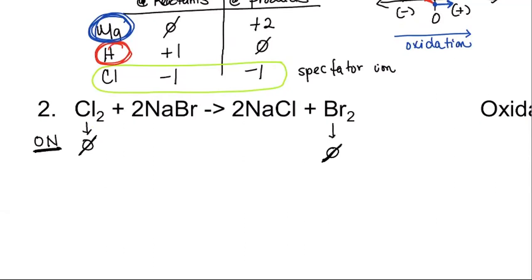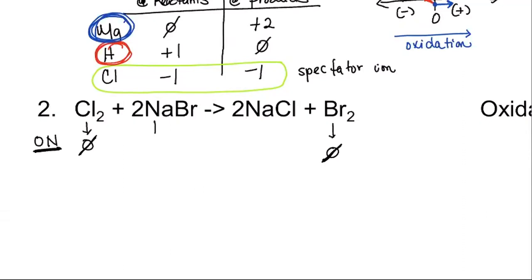Now, when we inspect NaBr and NaCl, what kind of compounds are we dealing with? Ionic or covalent? Put in the chat I or C. What kind of compounds are NaBr and NaCl? Great job, you guys. Exactly. They're ionic compounds. So remember, for ionic compounds, their charges are going to be their oxidation numbers.